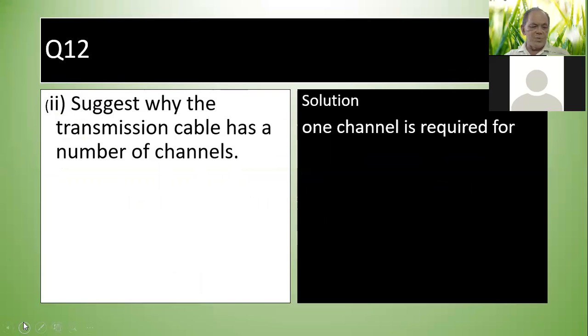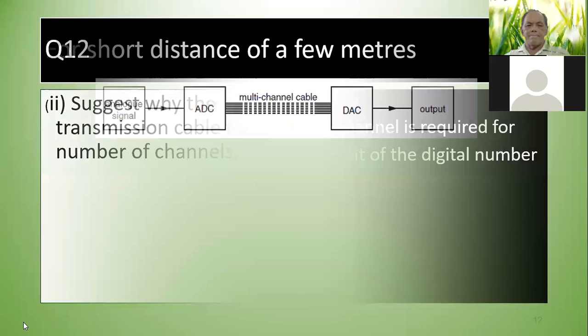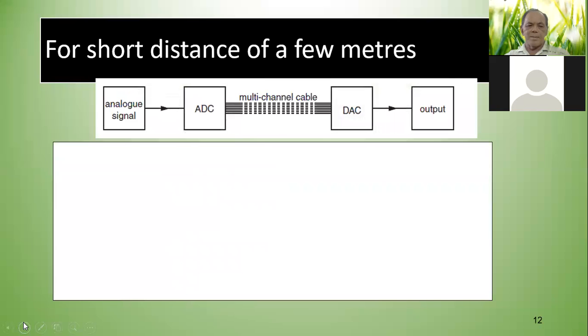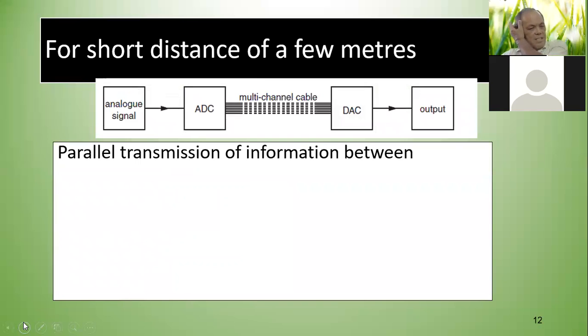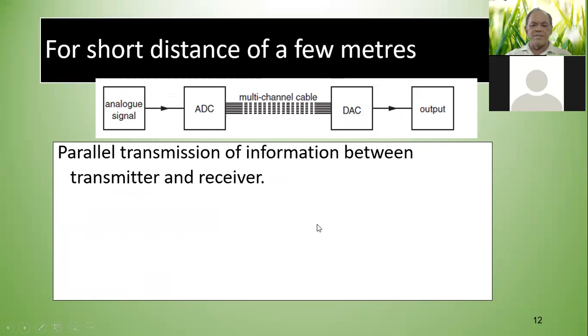One channel is required for each bit of the digital number. This type of transmission with n wires is only for short distance, like from your computer to your printer. Parallel transmission of information between transmitter and receiver.